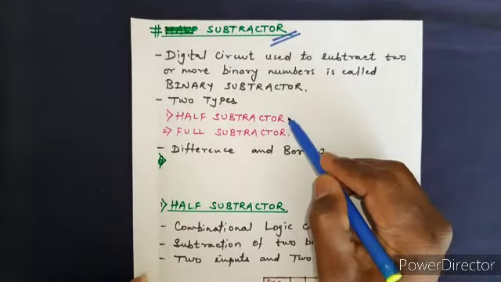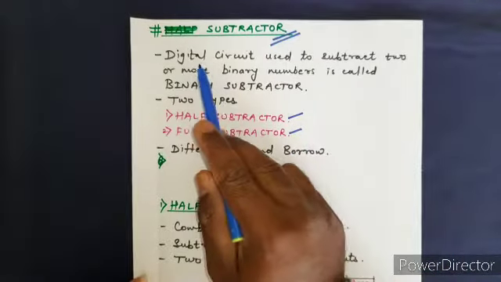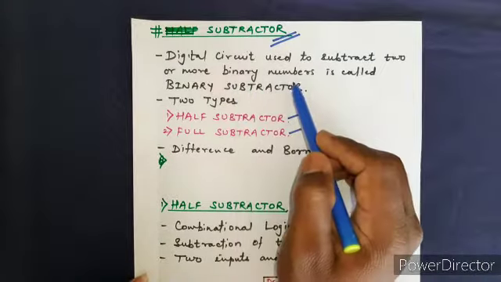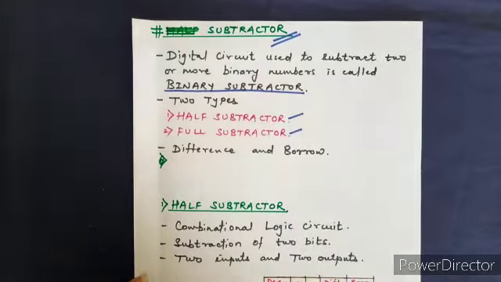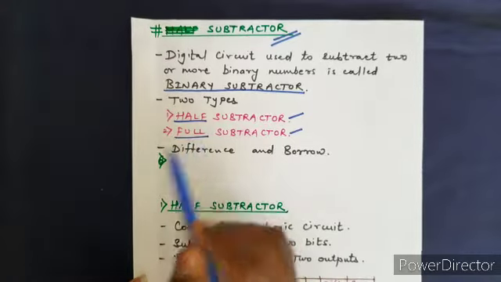Again here we have the half subtractor and full subtractor. It is a digital circuit used to subtract 2 or more binary numbers, which is called a binary subtractor. It has 2 types, half and full.